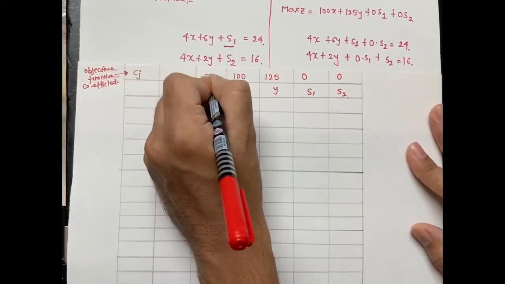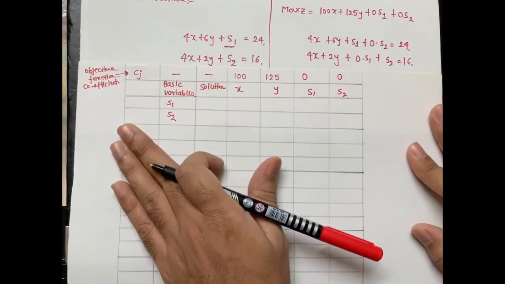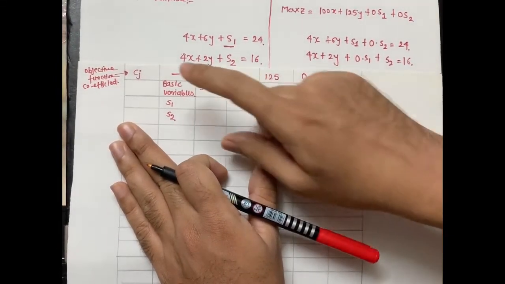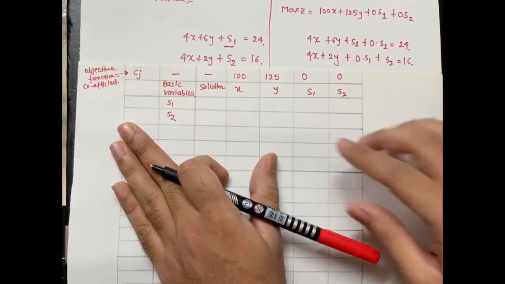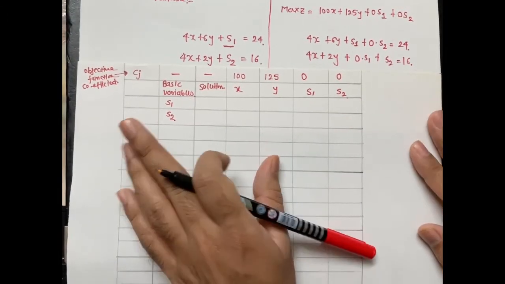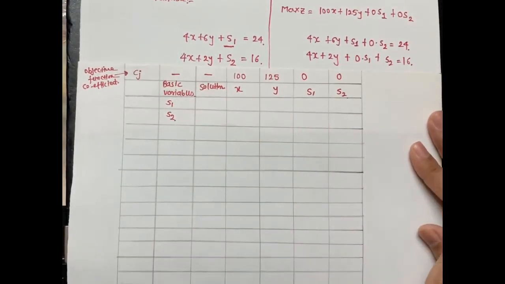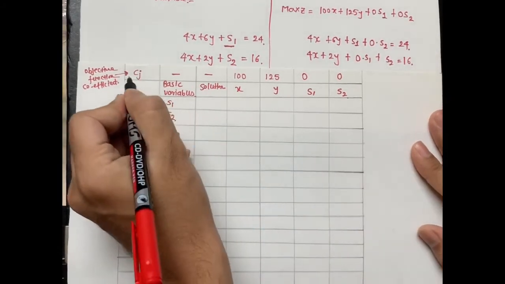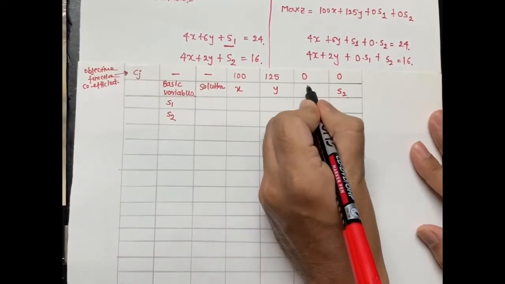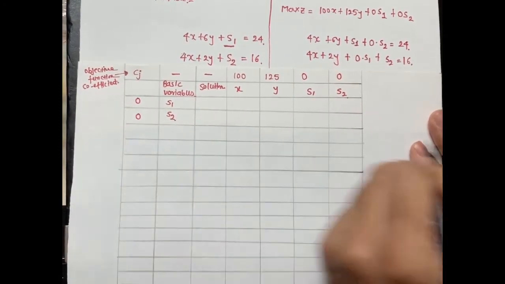These two cells are required to be kept empty. After this initial structure, when we begin with the solution, the first step is to keep the slack variables S1 and S2 as the basic variables. What is the Cj value for S1 and S2? It is 0, 0. So I am writing the Cj value as 0, 0.